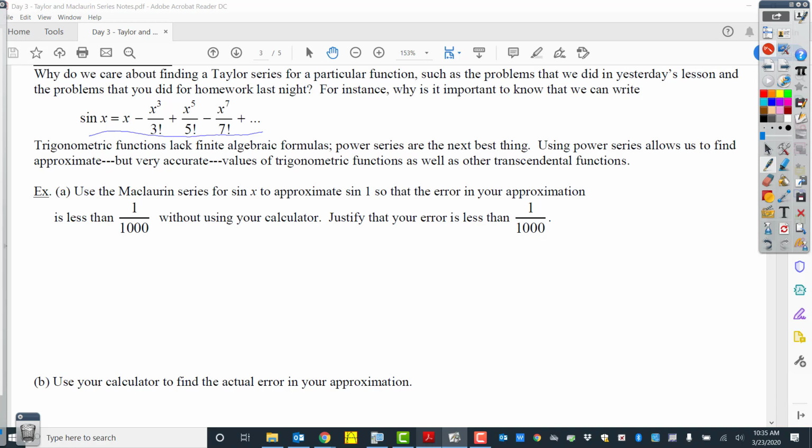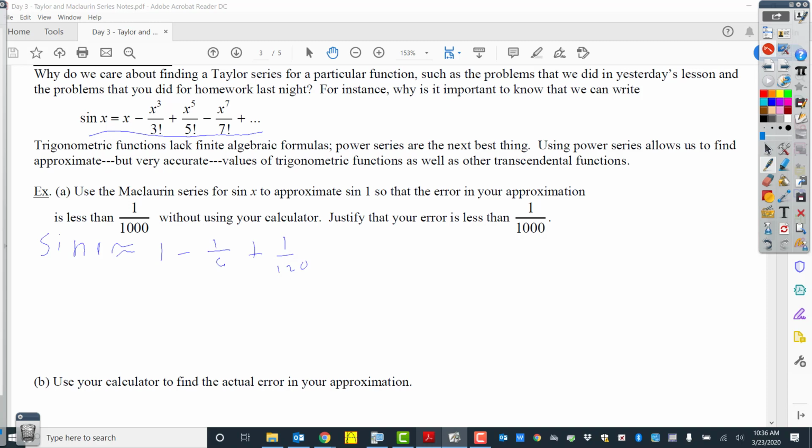So we can say that as long as we get a term that is less than 1 over 1,000, that's going to be our truncated part. That's going to be when we can cut it off. So let's see. If we're doing sine of 1, this is going to be approximately 1 minus 1 over 6 plus 1 over 120.